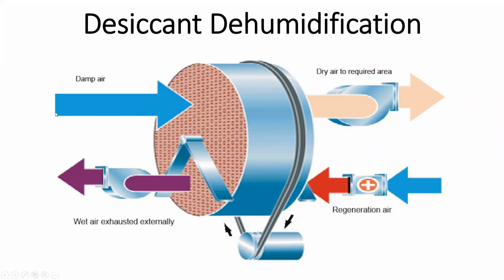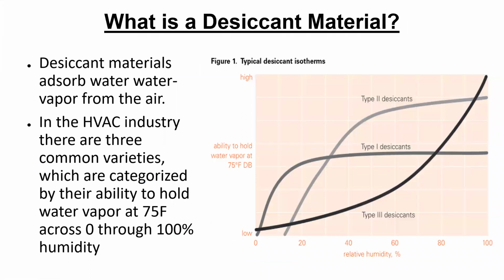So what happens is that usually damp, moist air goes through the desiccant wheel, which rotates slowly, and dry air leaves the desiccant dryer, and we have to use another section of the wheel to push the hot, dry air to regenerate, to get rid of the moisture collected in the wheel. So desiccant materials absorb water vapor from the air. So the water sticks to the material.